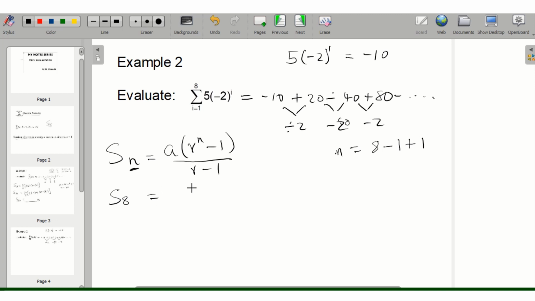So the sum of 8, the first term is minus 10, r is minus 2, to the power of 8 minus 1, all over minus 2 minus 1. Plug this in your calculator. The sum of 8 terms will come back to give us a value of 510.